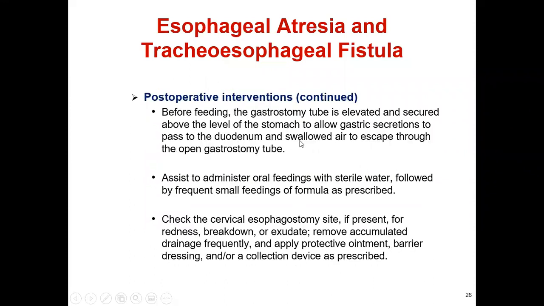Before feeding, the gastrostomy tube is elevated and secured above the level of the stomach to allow the gastric secretion to pass to the duodenum and swallowed air to escape through the open gastrostomy tube.